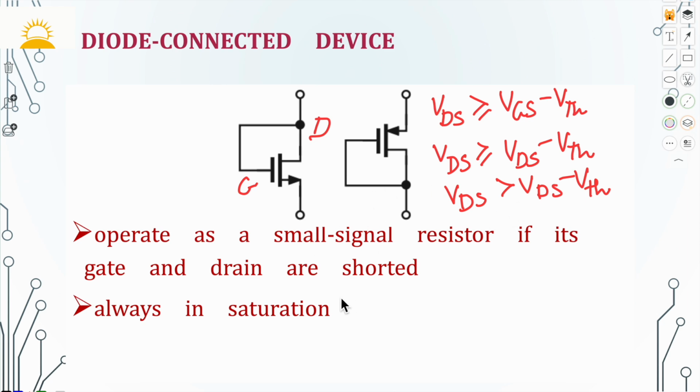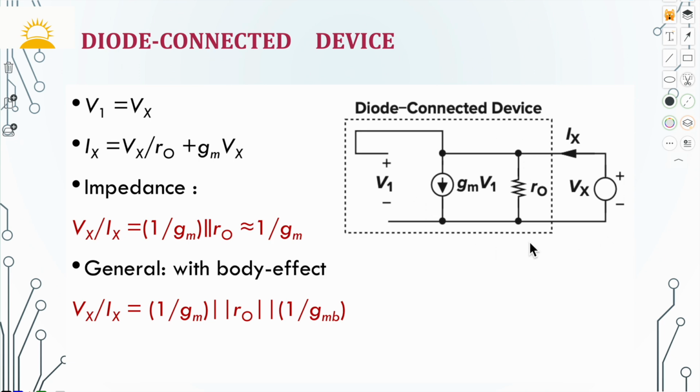Now let's find out the impedance of the diode connected device. This is the small signal model of the diode connected device. Since gate and drain are shorted, V1 is equal to Vx, our equation 1, and the current Ix is given by equation 2, and the impedance of this circuit is Vx upon Ix. Looking into the circuit, we have 1 upon gm parallel ro.